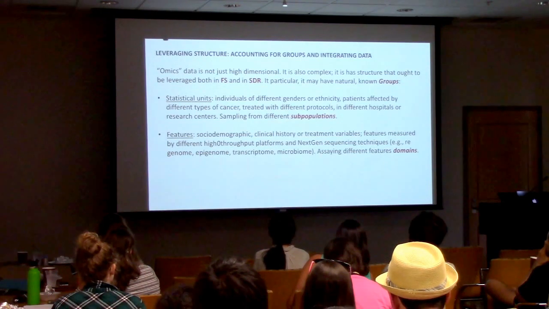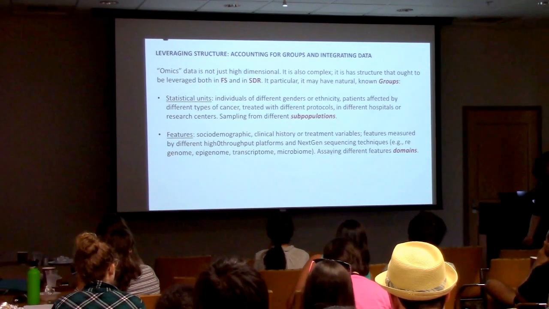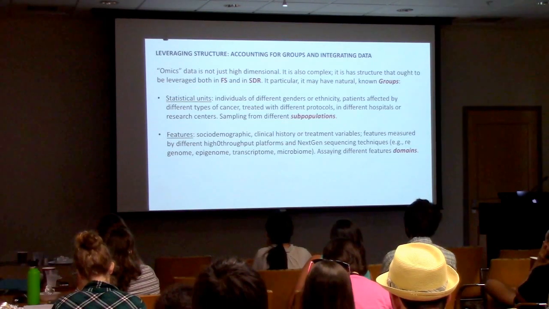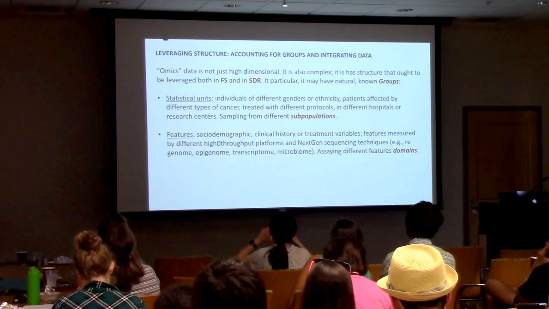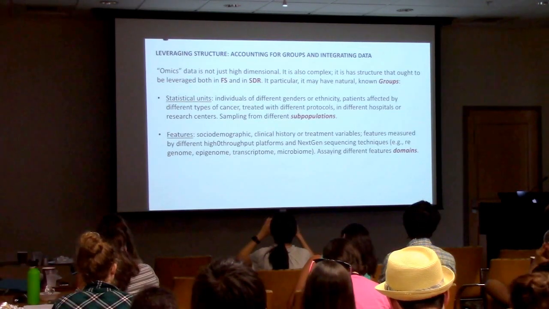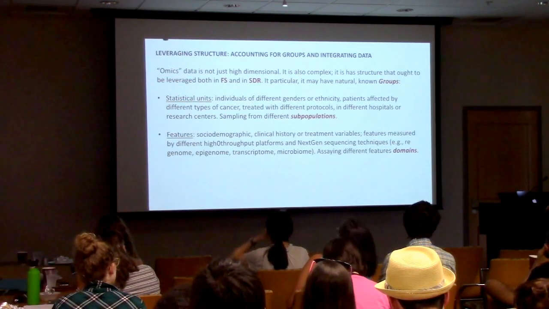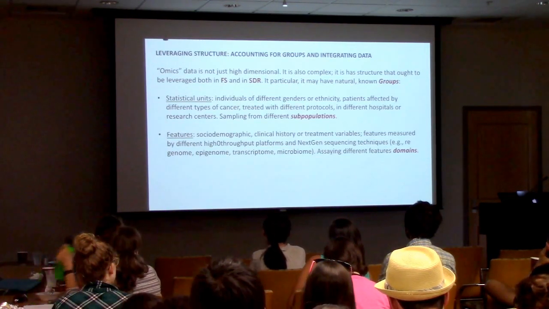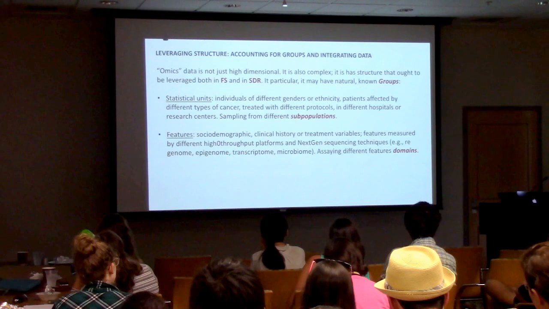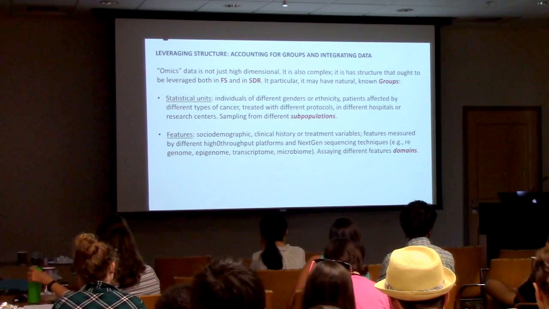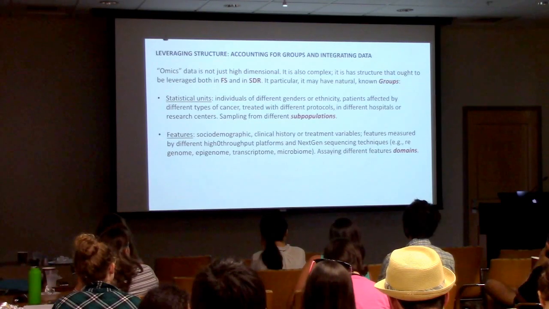Here are examples of groups that you may be very familiar with from your work. Units, let's say that these are individuals. They can be of different genders, different ethnic origins. They can have different types of cancers. They can be treated with different protocols. They can be in different hospitals. Moral of the story, you can think of them as coming from different subpopulations. Groups of units. Everyone okay with this?